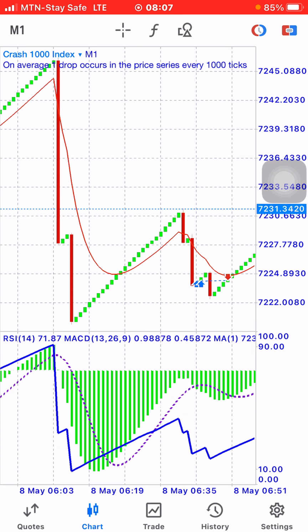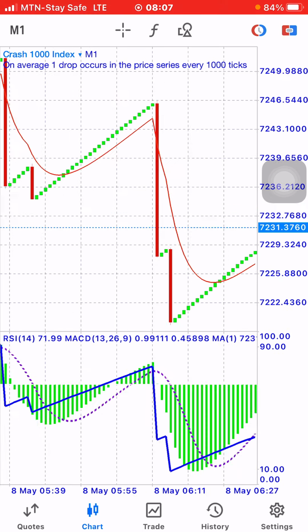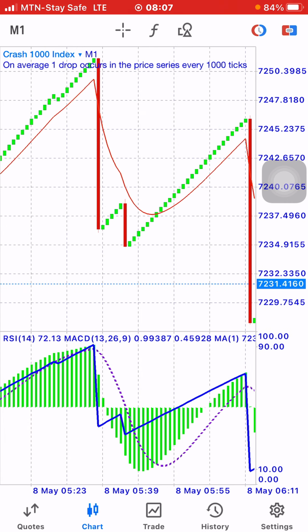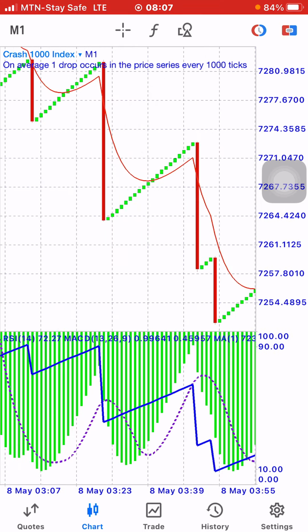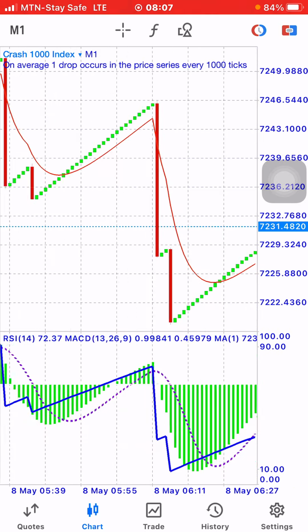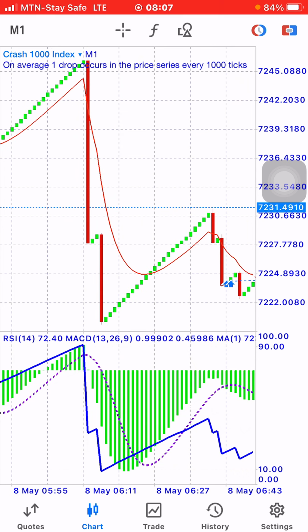For you to enter the market, you are going to be looking at where the spike occurred. Just like this place where you have red now is where a spike occurred. Here you have this red spike again. Anywhere a red spike occurred that came from up to down. So let's take this place as a case study. You look at the blue line down there that is forming a triangle.